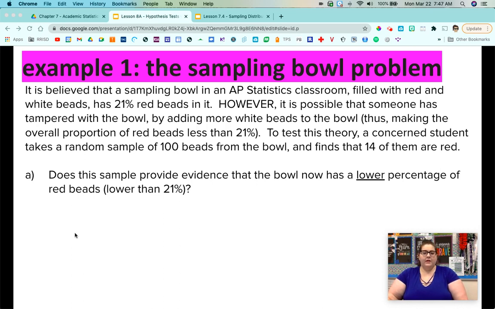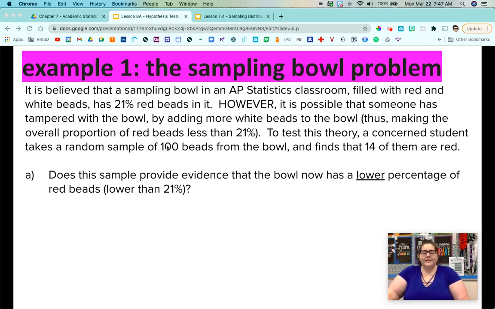And we want to find, does the sample provide evidence that the bowl now has a lower percentage of red beads? One thing I wanted to point out here, and this is where a hypothesis test comes in and what makes it a worthwhile problem to pursue, is that obviously 14 out of 100 is 14%. But remember, that's a sample. That's one sample of 100 beads out of this large sampling bowl that has thousands of beads in it, perhaps.